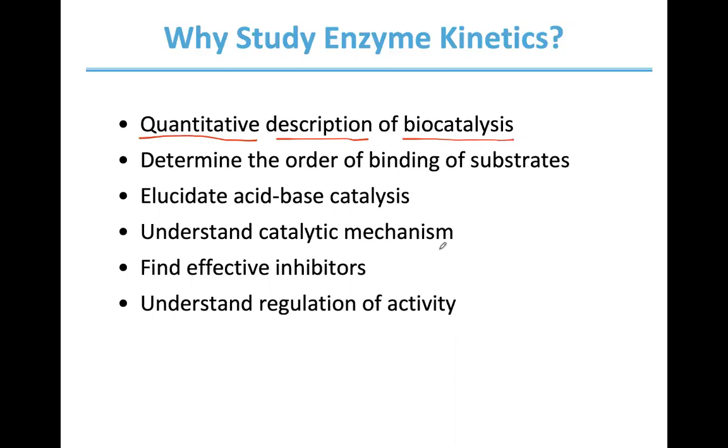So any mechanism has to be consistent with the kinetics. You remember from organic chemistry when we use kinetics to validate a particular mechanism? Can you think of such mechanisms? It was in Ochem 1. So we use the kinetics to validate what kind of mechanisms?